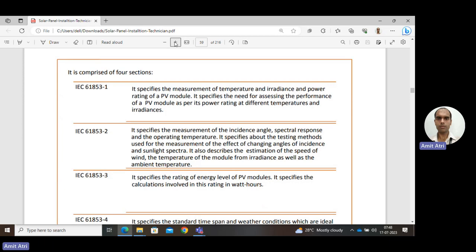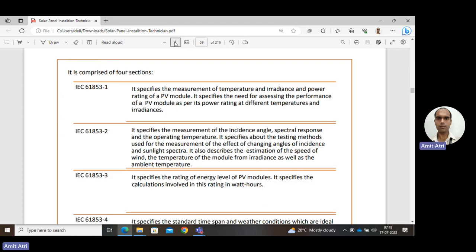The first section specifies the measurement of temperature and irradiance and the power rating of a PV module. It specifies the needs for assessing the performance of a PV module as per its power rating at different temperature and irradiance, something similar to the curves we have just studied. The second section specifies the measurement of incidence angle, spectral response, and operating temperature. It specifies testing methods for measuring the effect of changing angles of incidence and sunlight spectra.